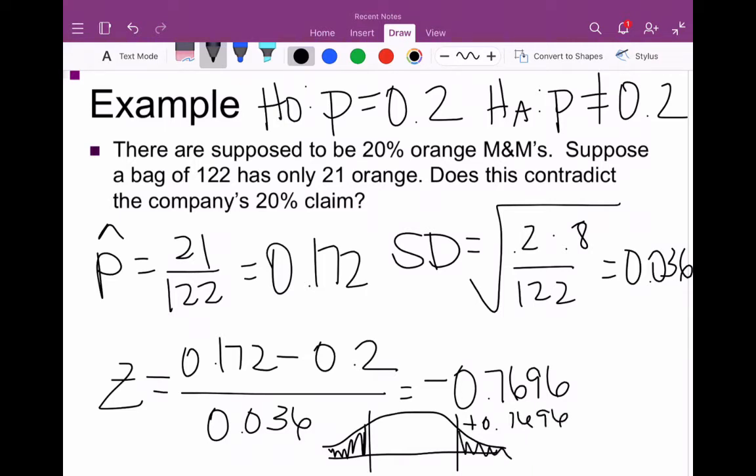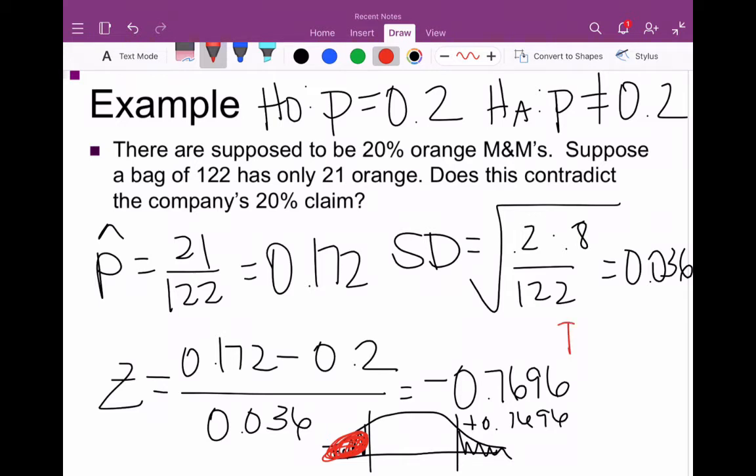So because of that, when I calculate my p-value, I'm going to have to multiply it by 2 because I don't care if it's above or below. When I do calculate my p-value, I'm going to find the probability of this red area right here, that it is below the negative 0.7696.